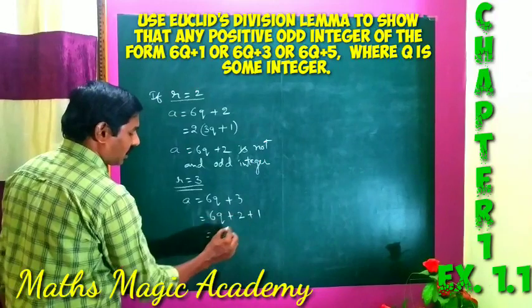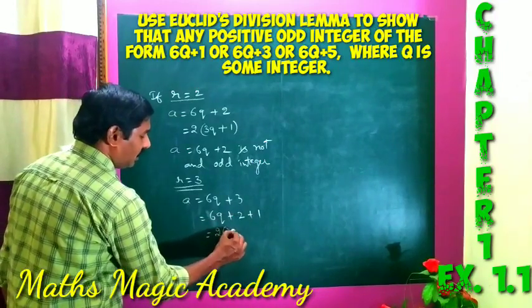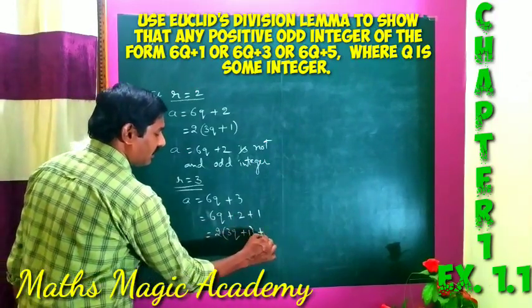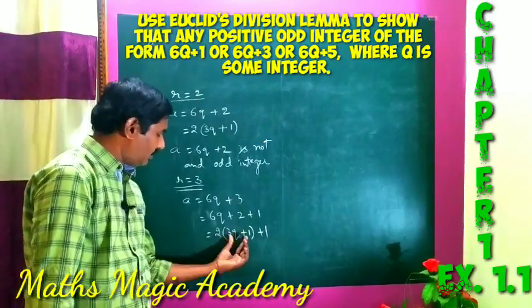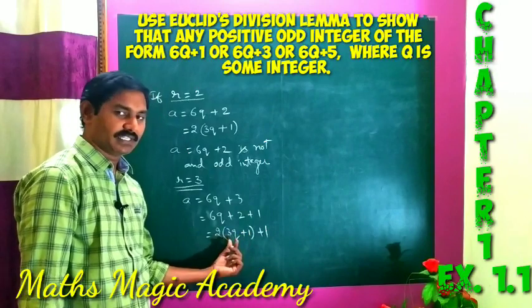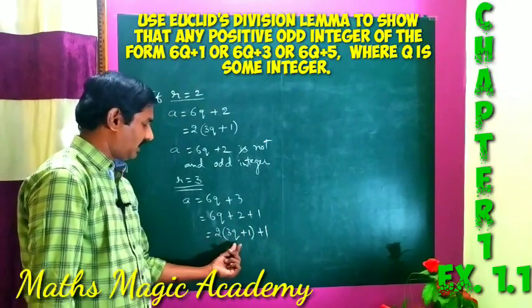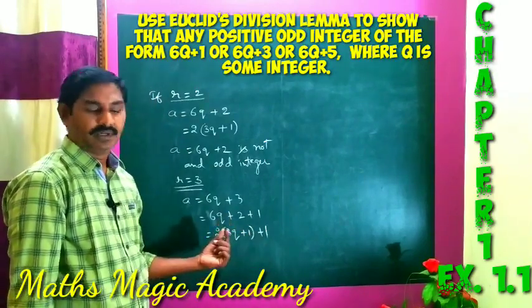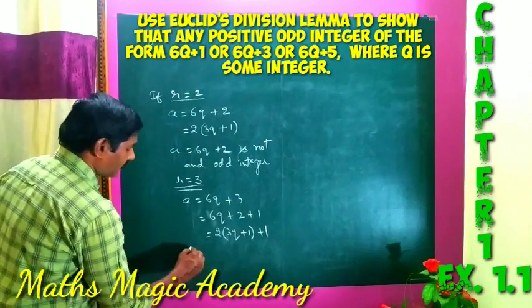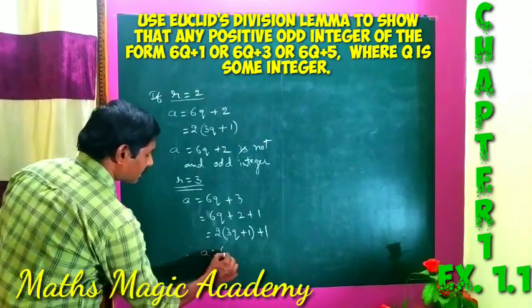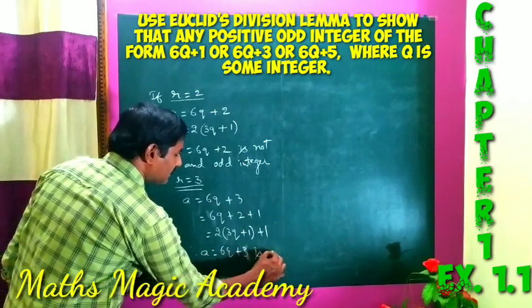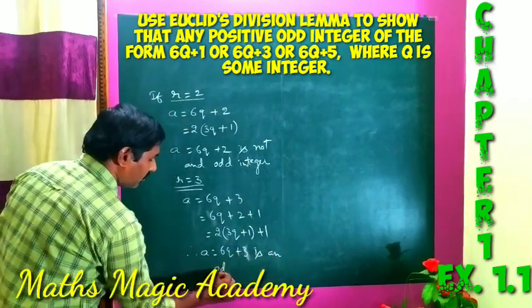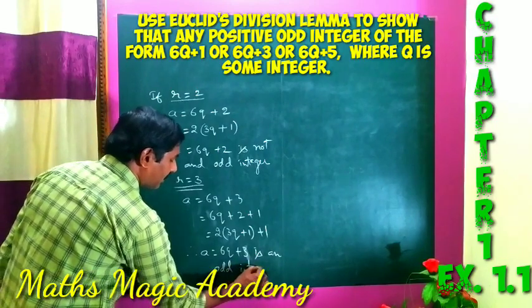Now I will take 2 common from these: 2 into 3q plus 1, and again plus 1. Now we can observe that it is in the form of 2 into n, this total bracket being n. Then it is 2n plus 1. Therefore, a equals 6q plus 3 is an odd integer.